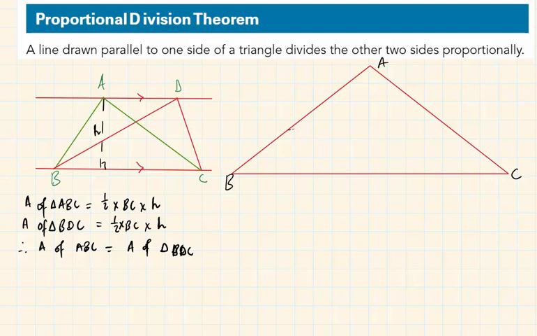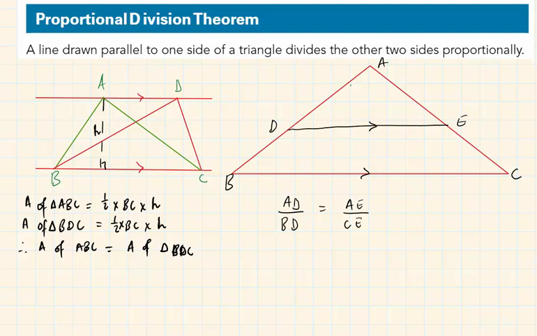So if I draw a rough drawing here and say that this line which I've just drawn, let me call it DE, is parallel to the third side, it is going to divide these two sides, AB and AC, proportionally. So what we want to prove is that the ratio of AD to BD is going to be equal to the ratio of AE to CE. Right, so that's what we want to prove.